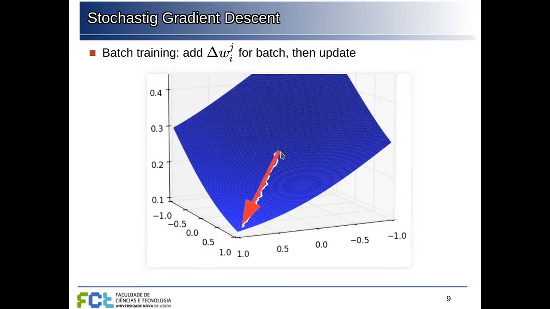So we are not changing the network, not changing the weights, but using a set of examples to compute the different derivatives for each example, and then adding those vectors all together to update in one go for all these examples. This tends to be more efficient because we don't need to change the network all the time. We can do this in parallel, different examples, doing all the computations in parallel and so on. And also it can give us better information about what the right direction should be.